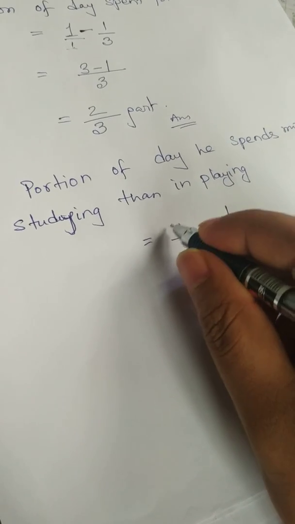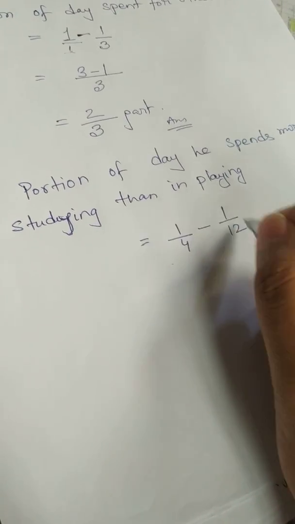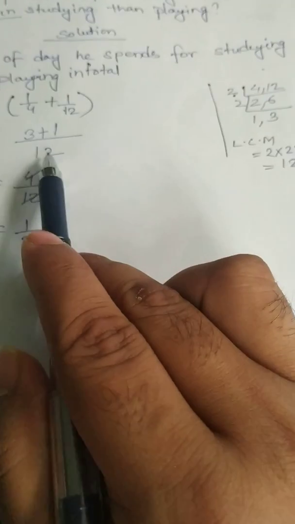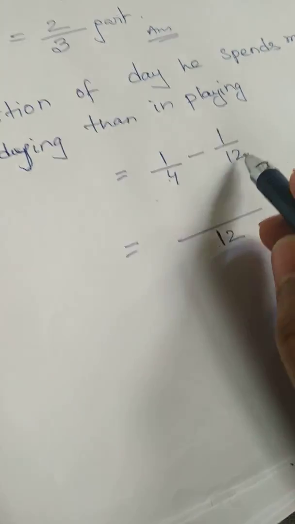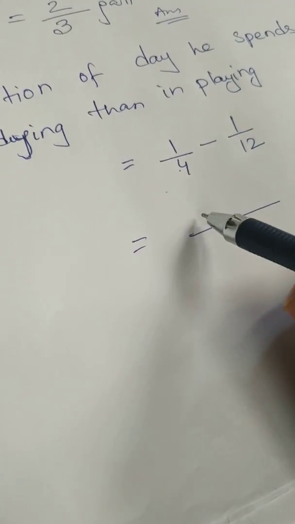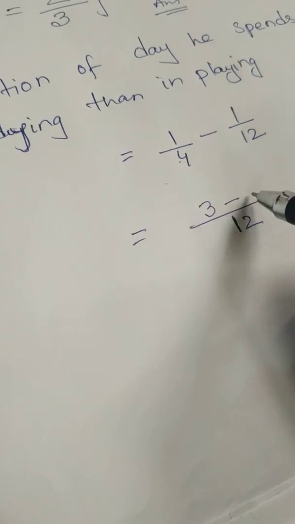So the 1 by 4 was for studying, this part was for playing. So if we just subtract, from part A we already got the LCM of 4 and 12, what is it? 12. Okay, so we are not finding the LCM again. LCM of 4 and 12 is 12. 12 divided by 4 is 3. 3 into 1 is 3. Minus 12 divided by 12 is 1. 1 into 1 is 1.